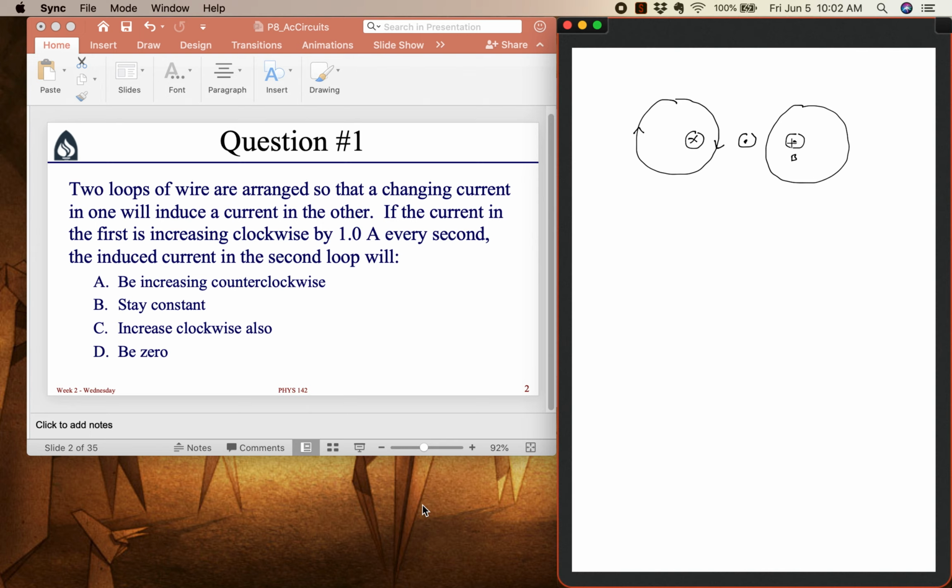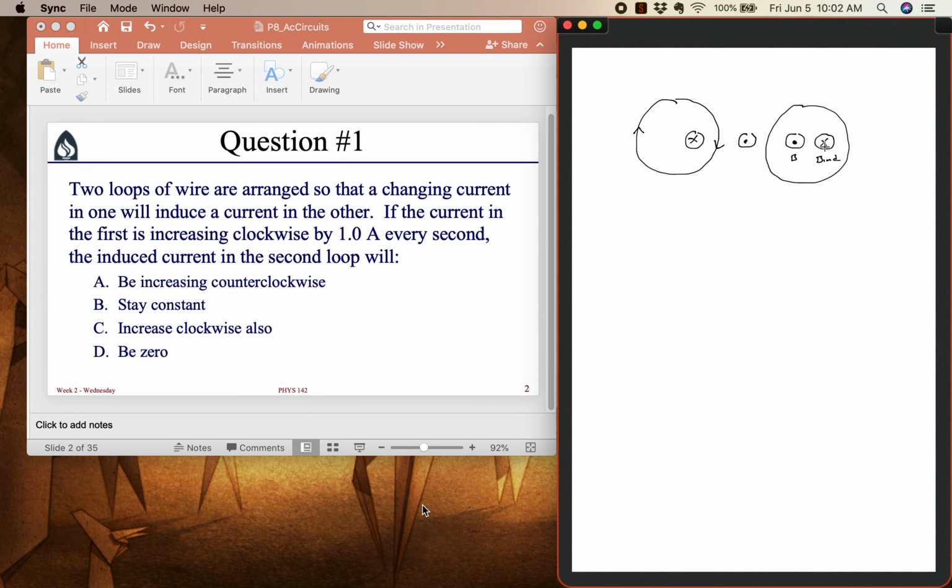So if this is upwards out of the screen and getting bigger, then this loop is going to make some downward field. So this is the induced magnetic field made by the second loop to counteract the increasing out of the screen upward magnetic field made by the primary. So that means the secondary is going to have a current flowing around it.